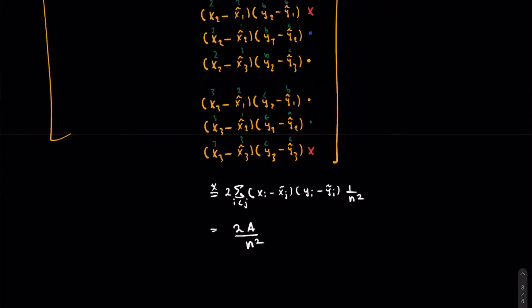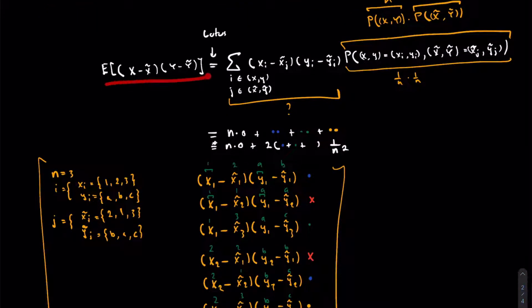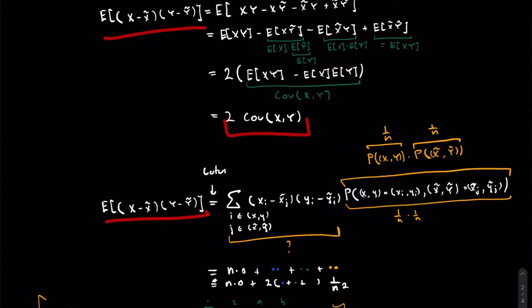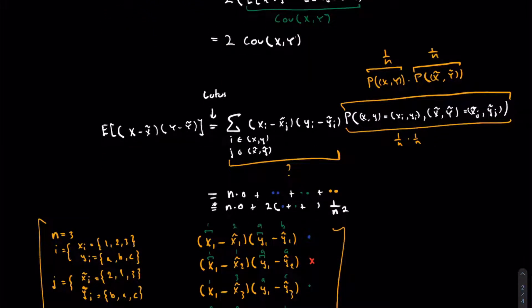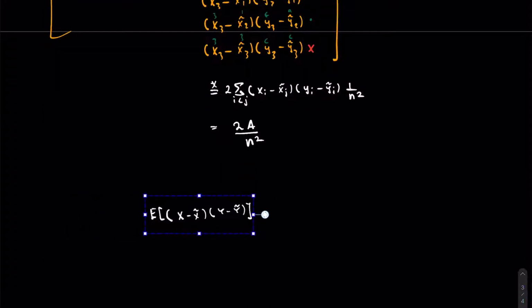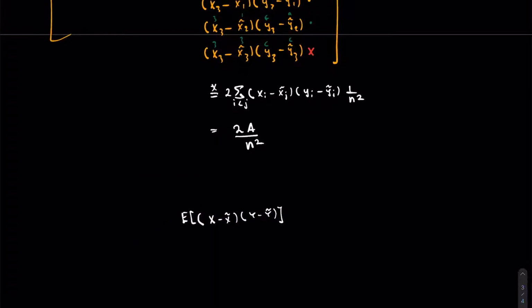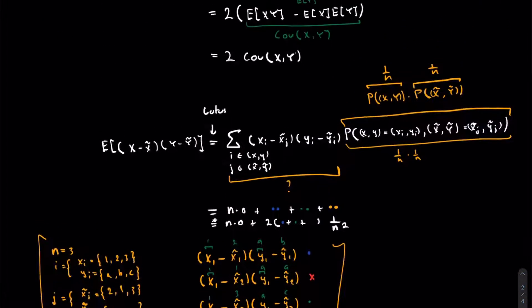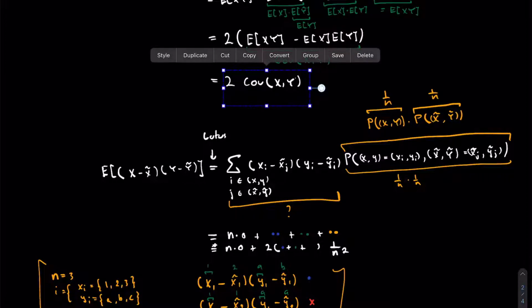Okay, that's good. So now we have defined this expectation in two ways, or derived it in two ways. And so we know that the expectation, let's just copy this here, this is equal to what we just derived, the expectation, like so, and also equals 2 times the covariance.